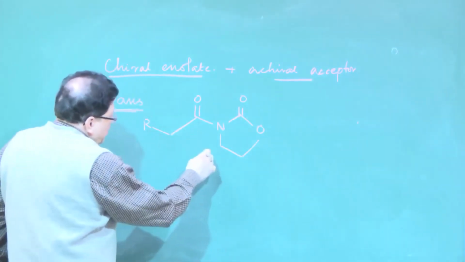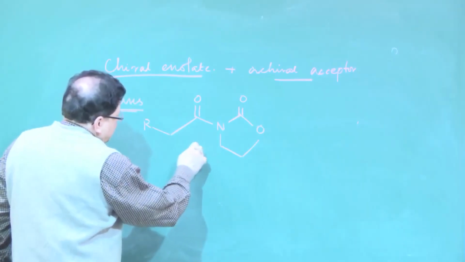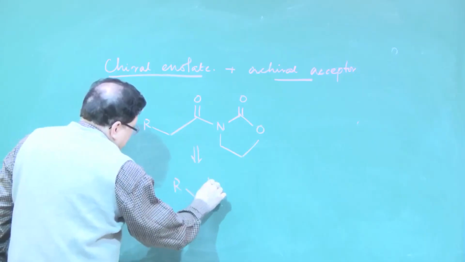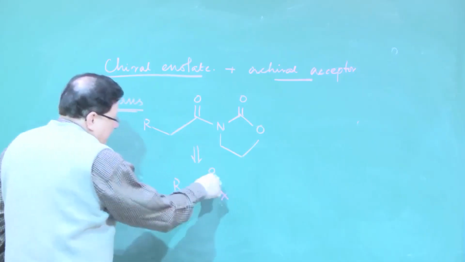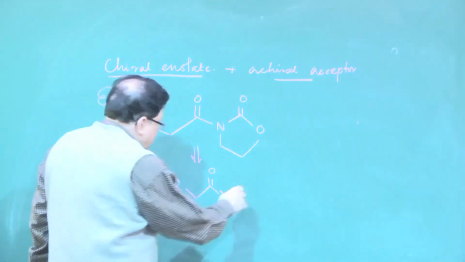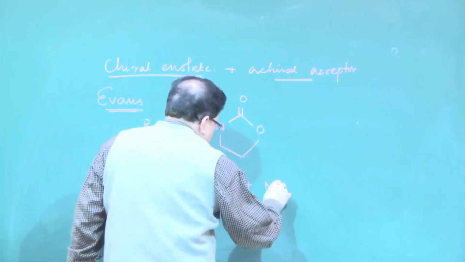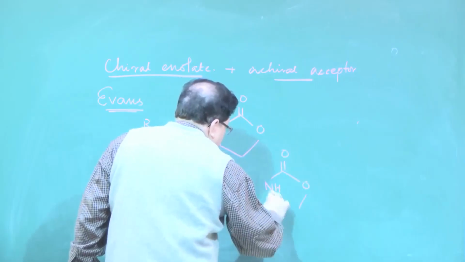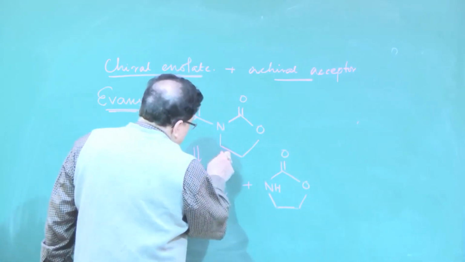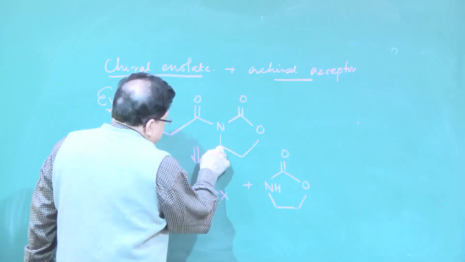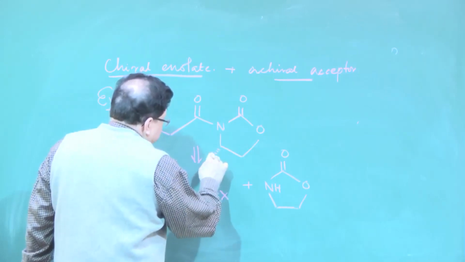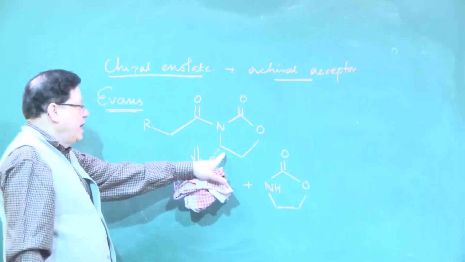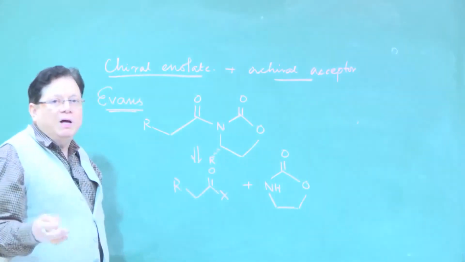If you look at this molecule, basically this is nothing but some activated carbonyl compound plus NH oxazolidinone, and there is a substituent, a group here, and that depends on the type of amino acid you are starting with, and also the configuration will depend on it.